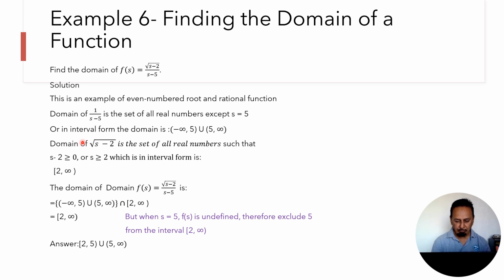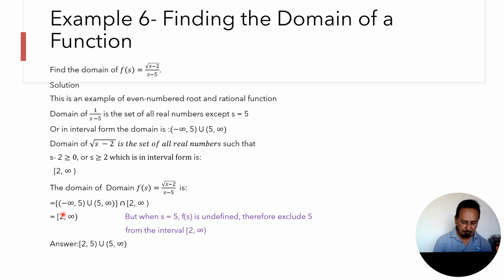In interval form, the domain is negative infinity to 5 union 5 to infinity. Now we find the domain of the square root of s minus 2, which is the set of all real numbers such that s minus 2 is greater than or equal to 0. Solve for s, so it becomes s greater than or equal to 2, which in interval form is square bracket 2 comma infinity. Now the domain of the total function is the intersection of these two domains.